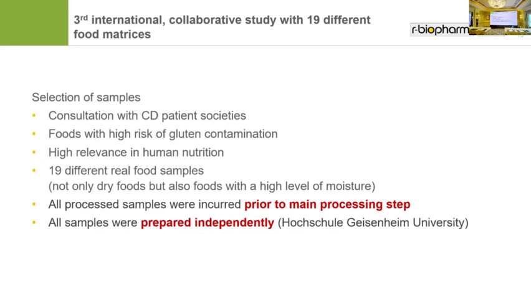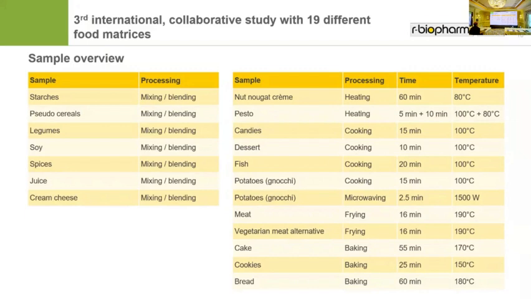So therefore it was really a challenge to prepare this collaborative study, and we have not done it alone. We had the support of a university in Germany, and this Geisenheim University also independently prepared these food samples, which were sent out to the different labs in the world.